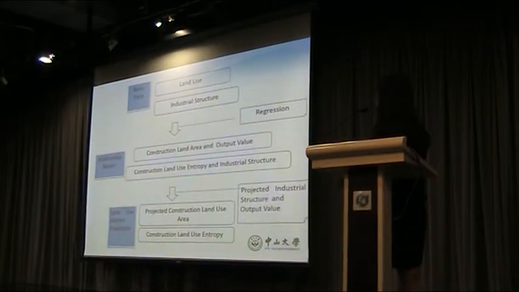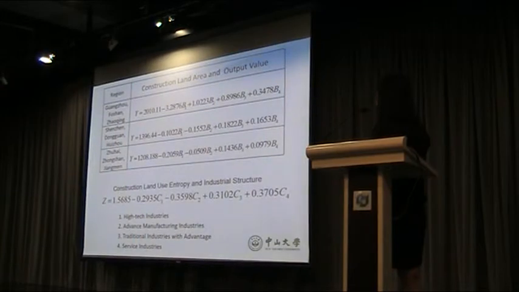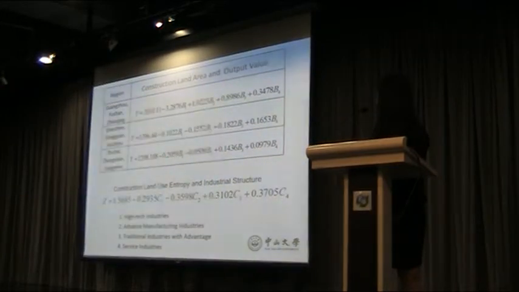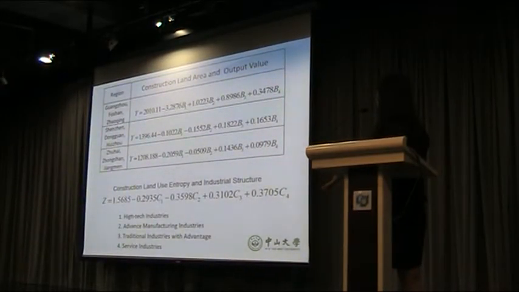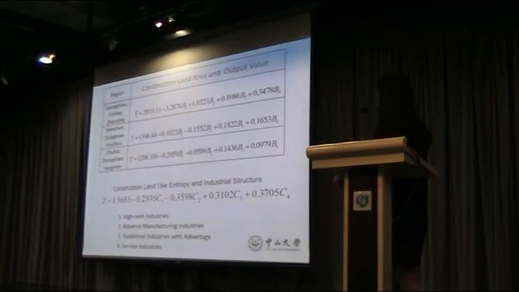We tried a lot of regressions, and finally we found the best one that can explain the relationship. It means that for the construction land use areas, the high-tech industries will be pretty land saving industries.